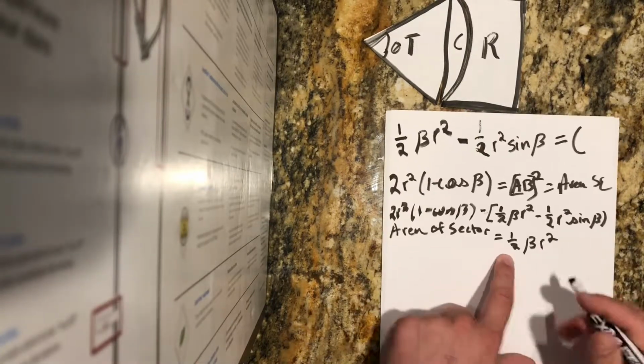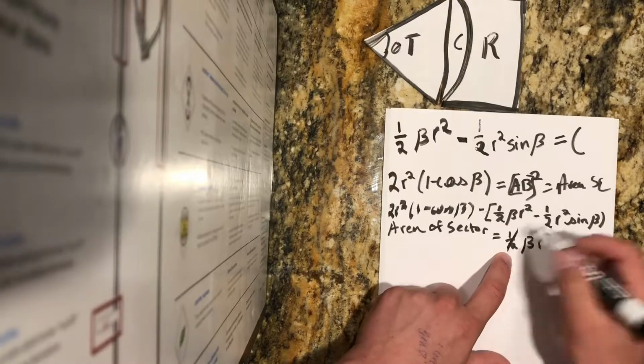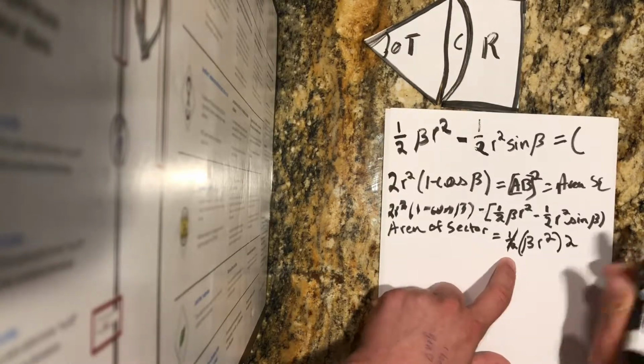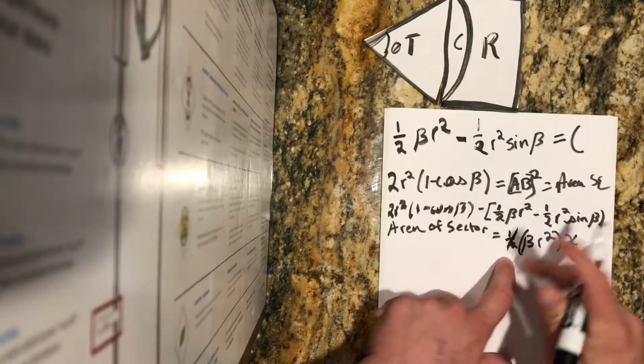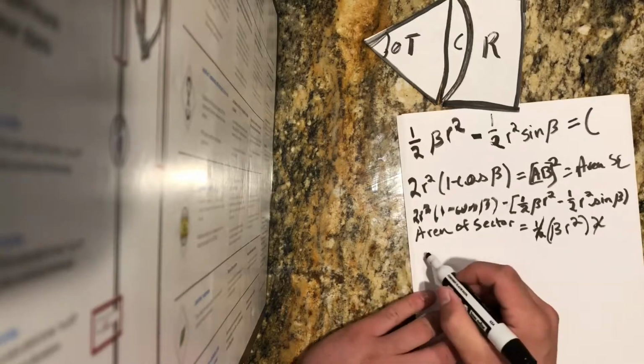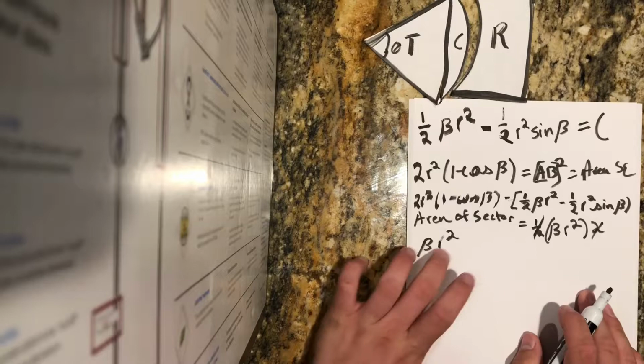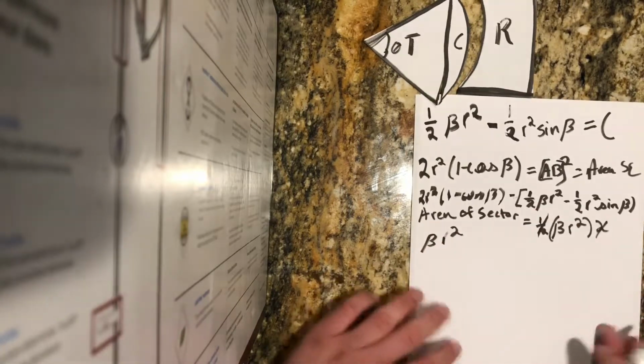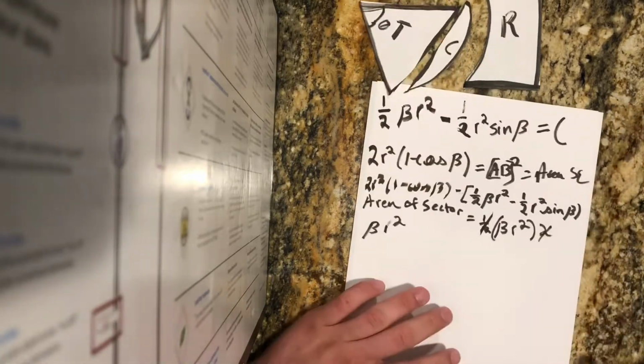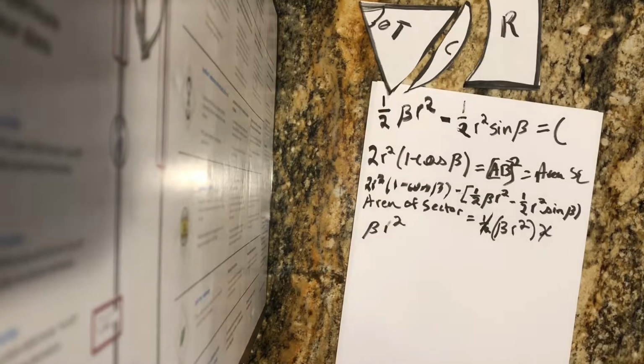And this says more than twice. So this 1/2 is going to cancel out when we multiply it by 2. We get that twice the area of the sector is beta R squared. So now let's look at the inequality, because the question asks for all possible values of beta where R is more than twice the area of the sector.